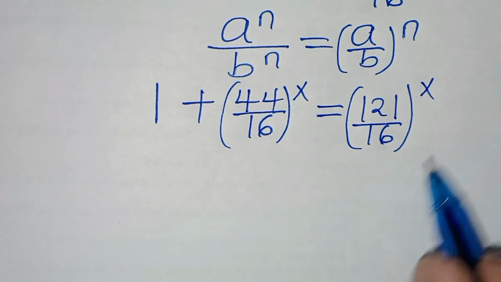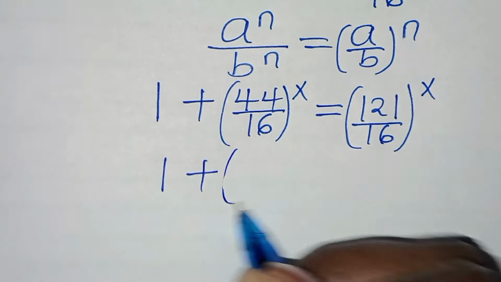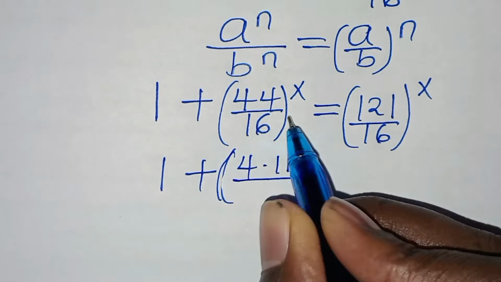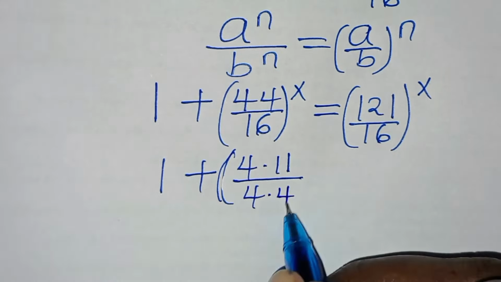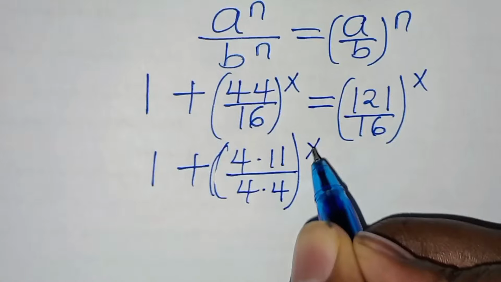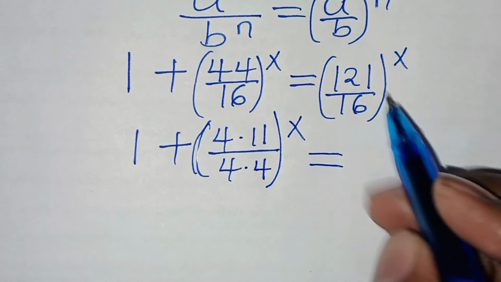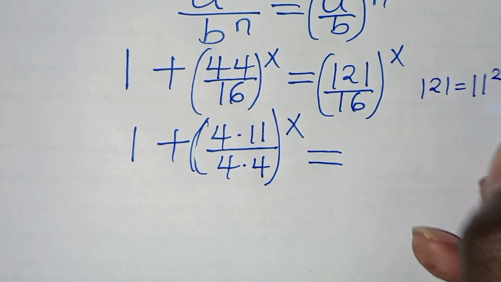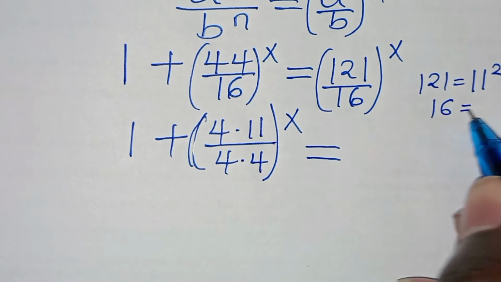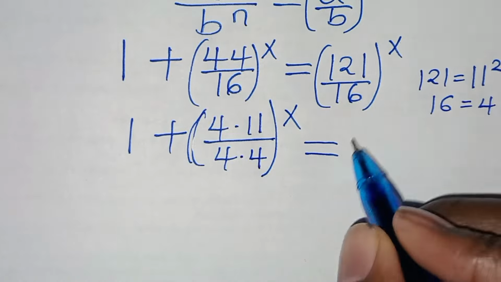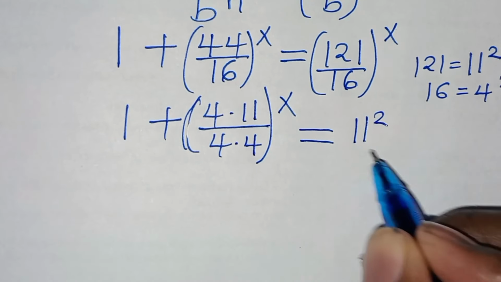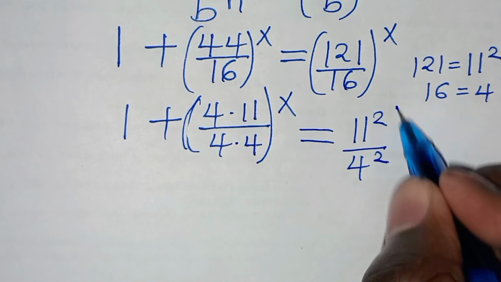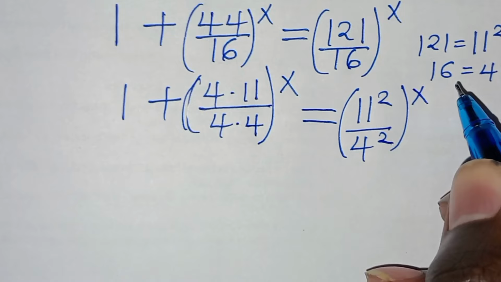The next step from here, we have 1 plus, we can express 44 as 4 times 11 over 16 can be expressed as 4 times 4, raised to the power of x. This is equal to 121. 121 is the same thing as 11 squared, and 16 is the same thing as 4 squared. So we have 11 squared over 4 squared, everything here raised to the power of x.